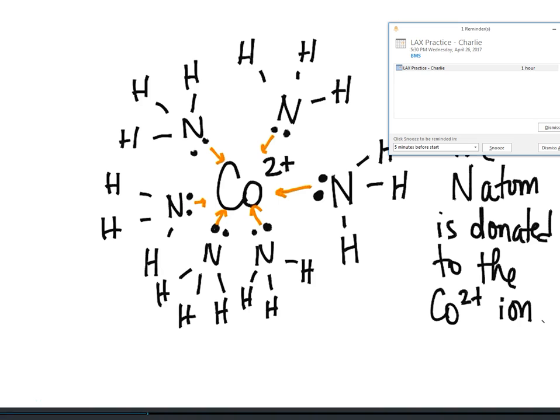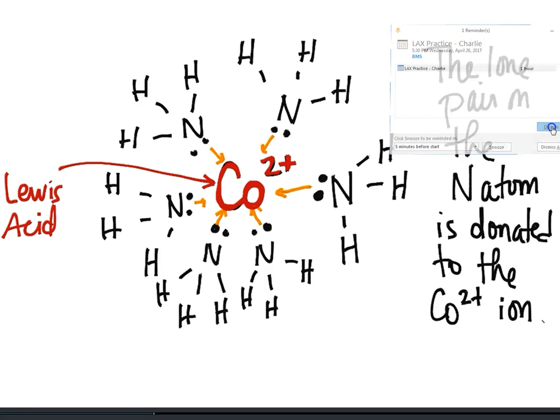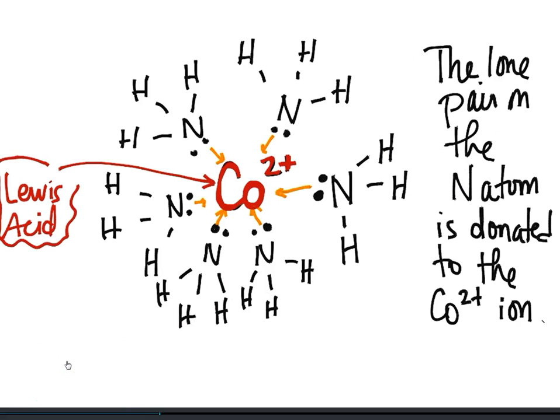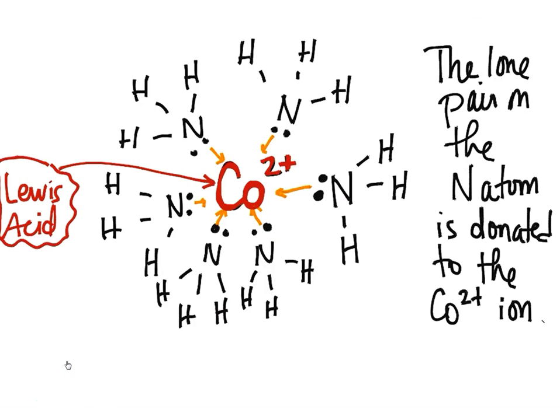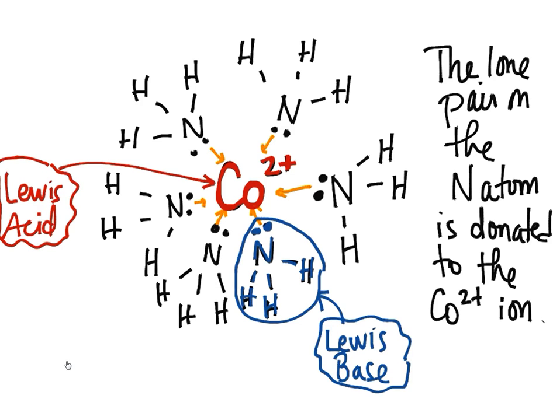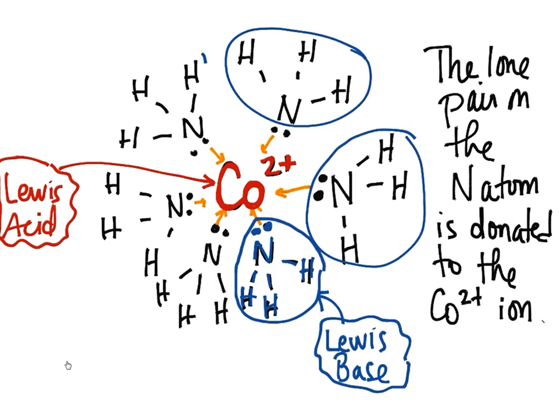So these orange arrows we draw, they form the bond. The cobalt in the center is considered a Lewis acid. It is an electron pair acceptor. The ammonia, each ammonia in this case, is a Lewis base. It's an electron pair donor. So the Lewis definition is really a little bit more general a definition.